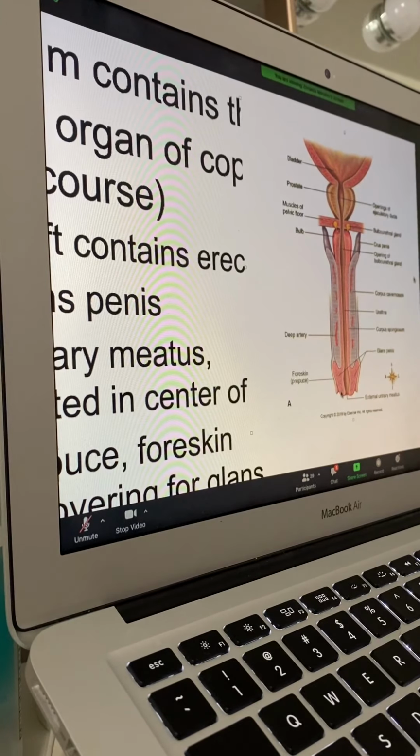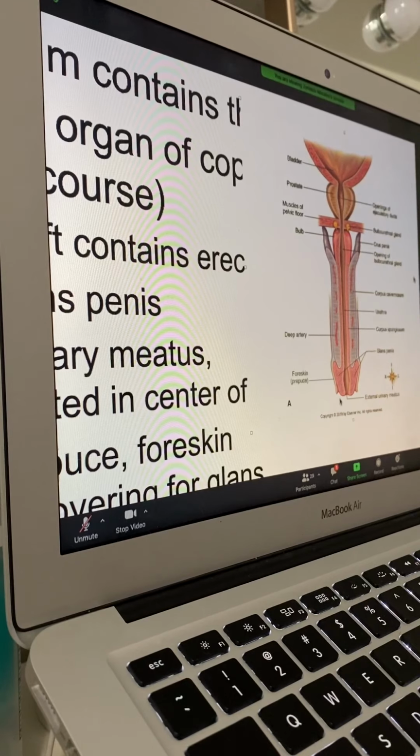The skin that is retracted at the tip of the penis is called the prepuce or the foreskin. But if the male is circumcised, that prepuce is cut.